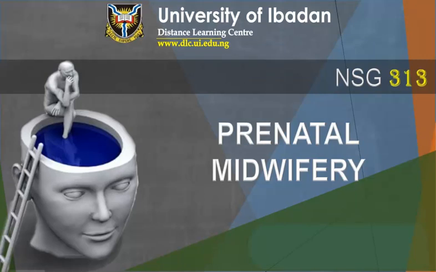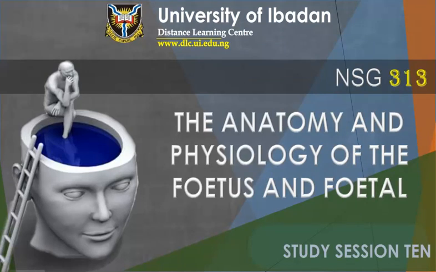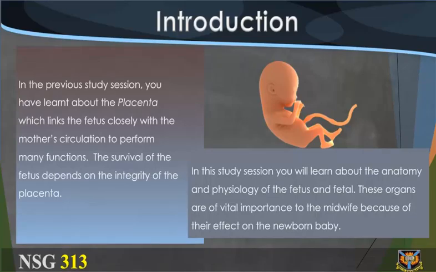Study section 10. The anatomy and physiology of the fetus and fetal organs. Introduction. In the previous study section, you have learnt about the placenta, which links the fetus closely with the mother's circulation to perform many functions.